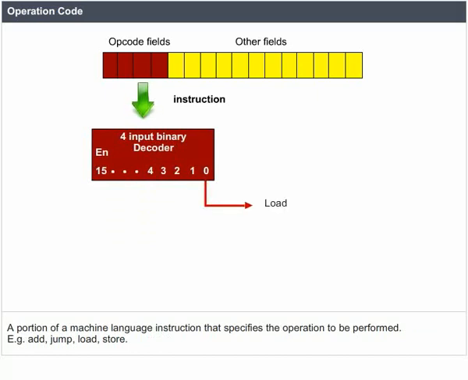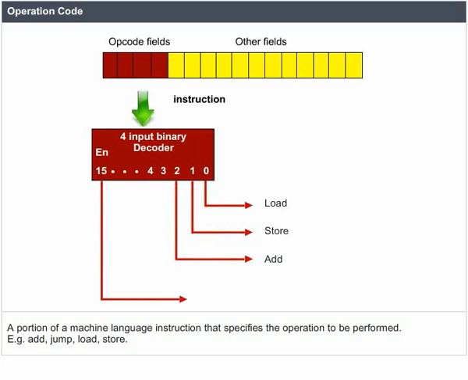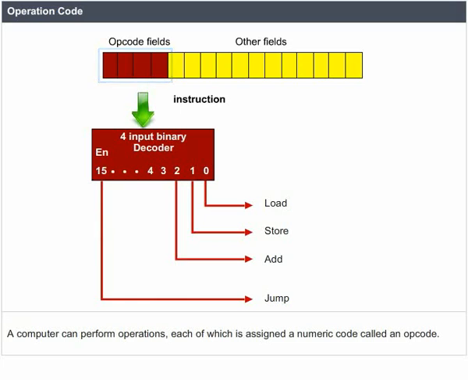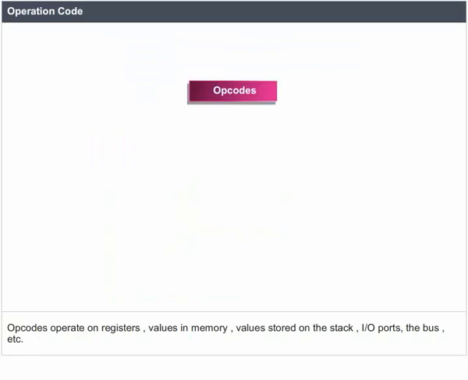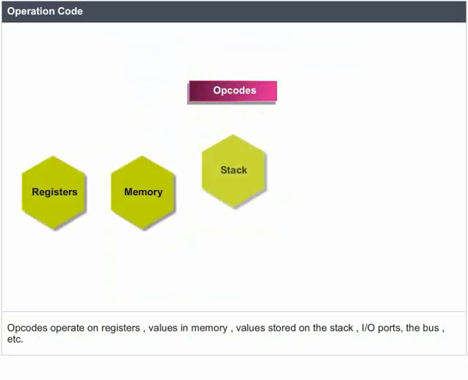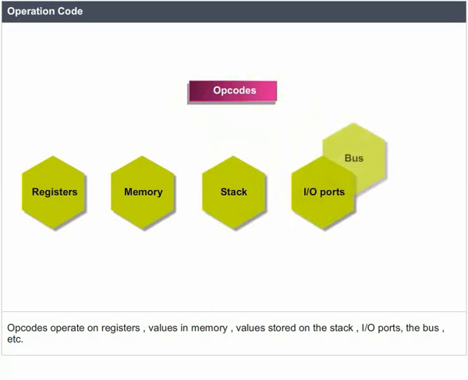Example: load, store, add, jump. A computer can perform operations, each of which is assigned a numeric code called an opcode. Opcodes operate on registers, values in memory, values stored on the stack, input-output ports, the bus, etc.